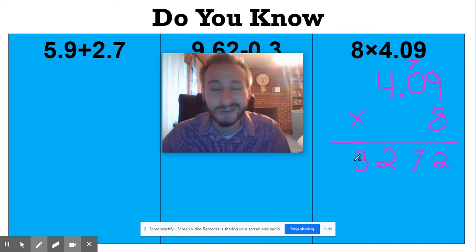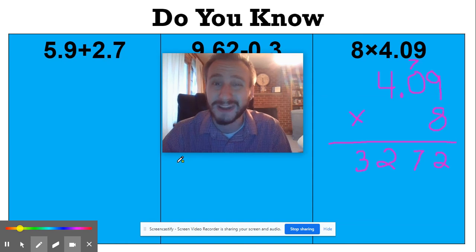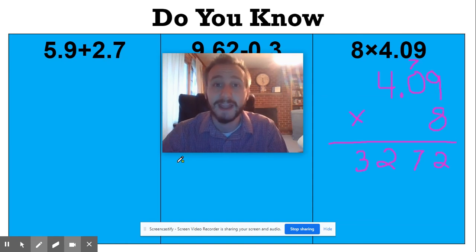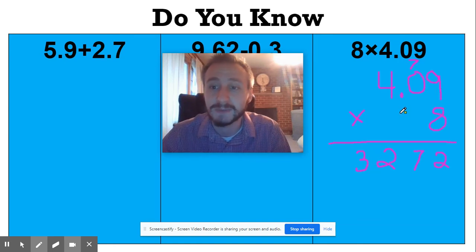So our final answer is not 3,272. What we want to do is then figure out where our decimal goes in the very end of our final product. And the way we do that is we look at our factors. And again, our factors are the numbers we were multiplying. We have a 4.09 and an 8.